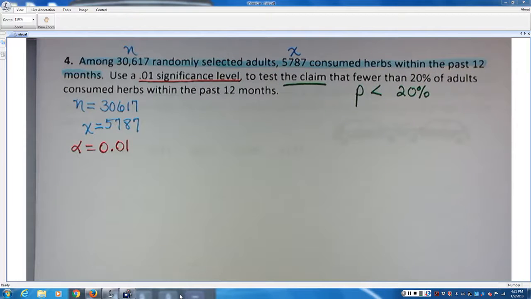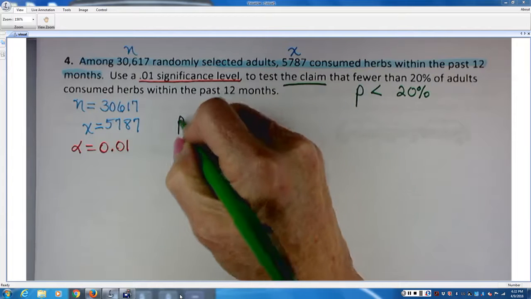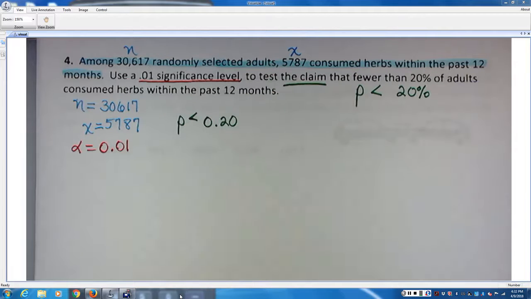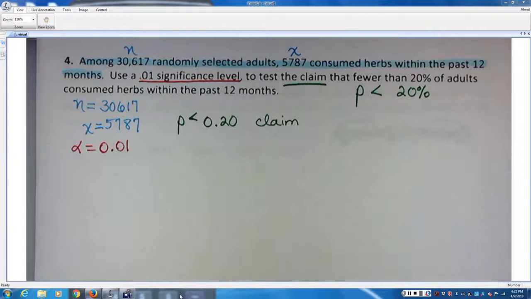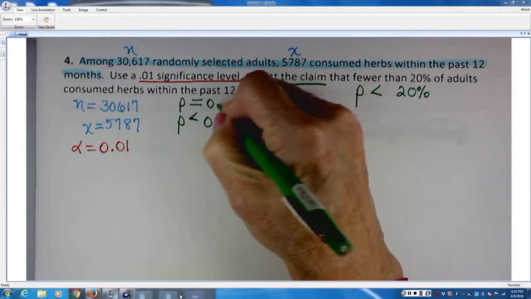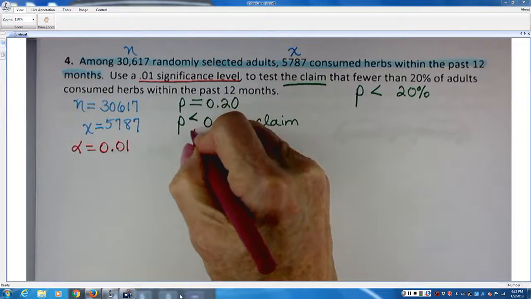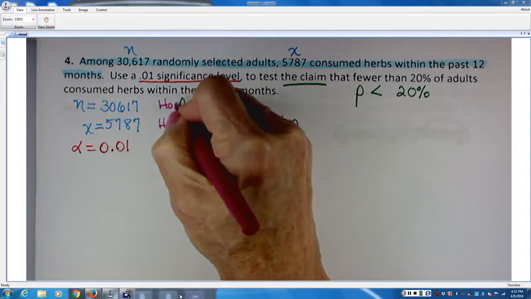So our claim is that p is less than 20%, but when we write it as a claim, we need to write it as a decimal. So we're going to write it as 0.20. Because the claim is that it's less than, then if the claim's not true, it would be equal to or greater than, and we'll just use the equal to. Since the less than is the inequality, that's going to be H1, and the opposite's going to be H0.